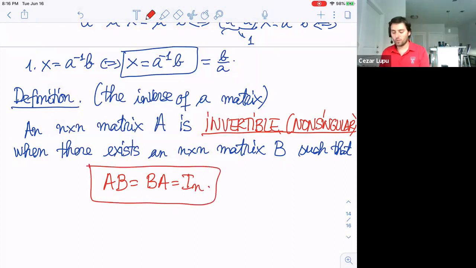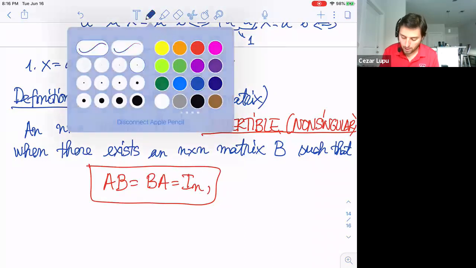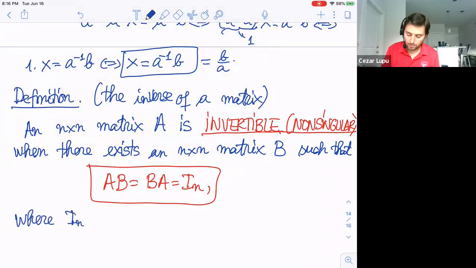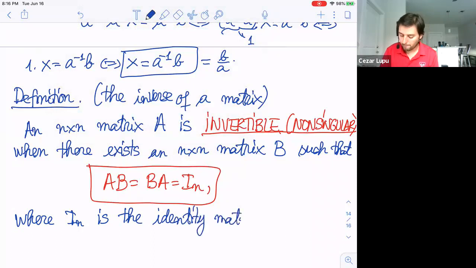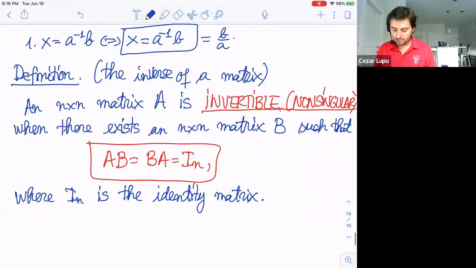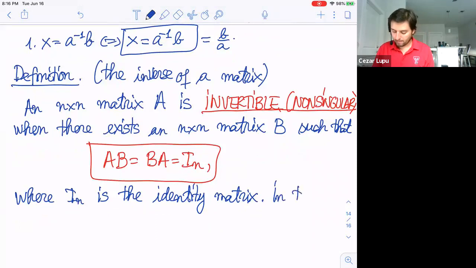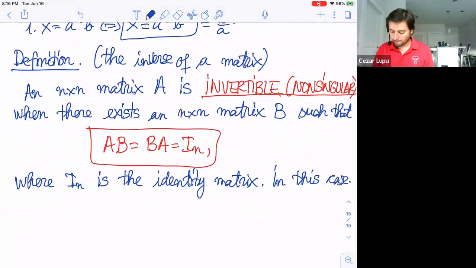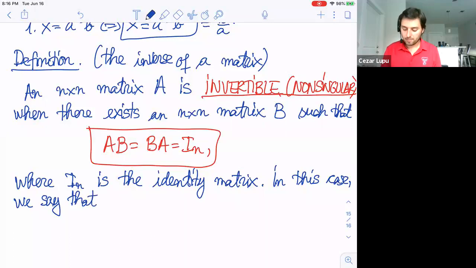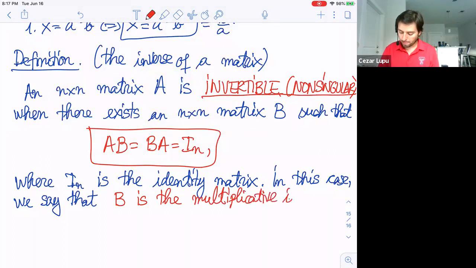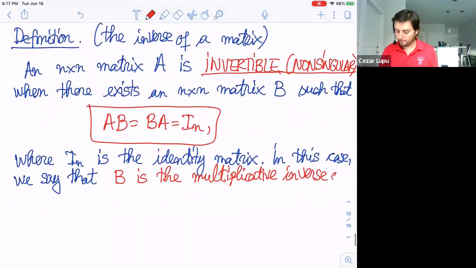And in this case, where I_n is the identity matrix, we say that B is the multiplicative inverse of A.